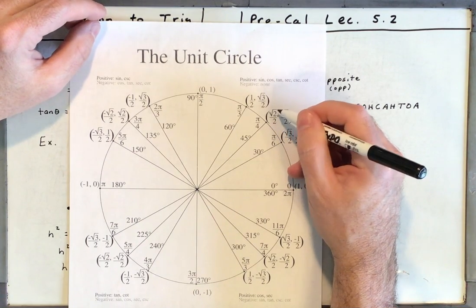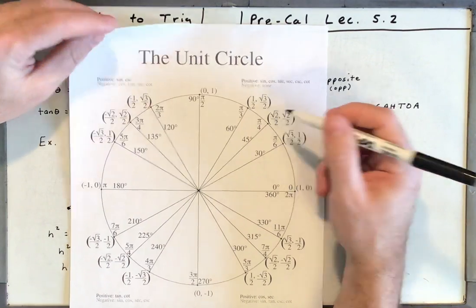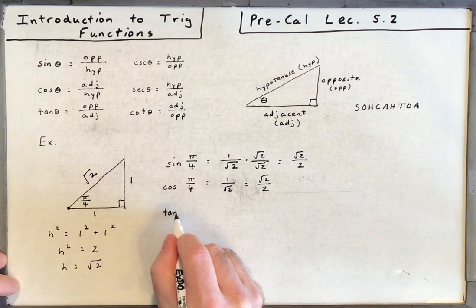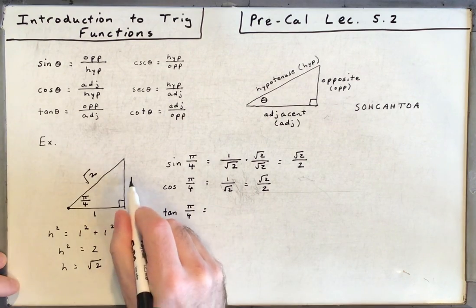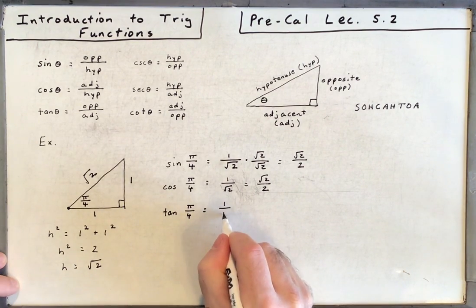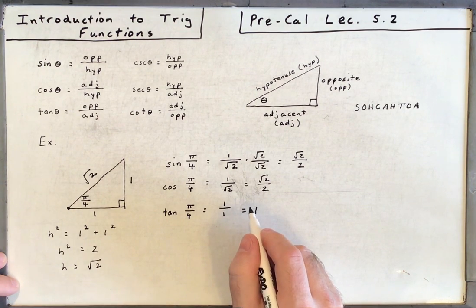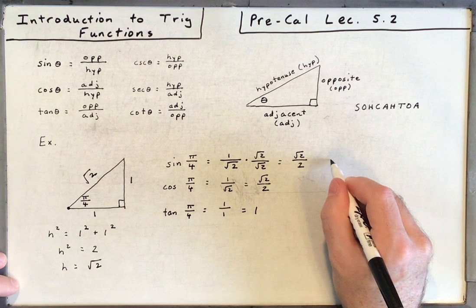The way I remember it is alphabetical: C comes before S, so cosine and sine. So that's also the square root of 2 over 2. The tangent of pi over 4 is going to be opposite over adjacent, so 1 over 1, and that is 1. So you can get the reciprocal functions by flipping.